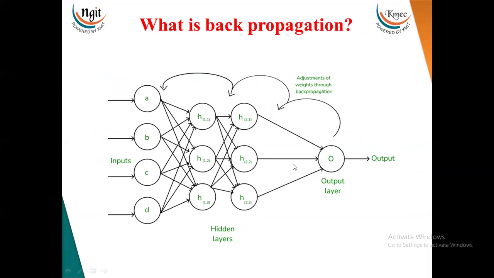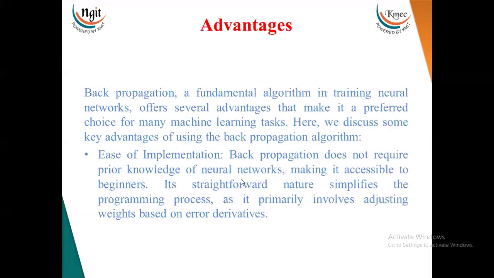Similarly, however many hidden layers I have, I calculate in this direction. I start from here, move to here, and finally I get the output. When I get the output, all the hidden layers are computed in parallel. This pass is called the forward pass.